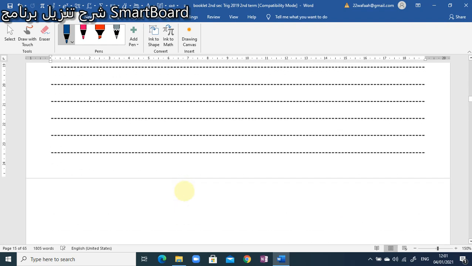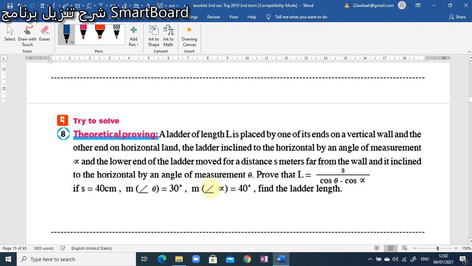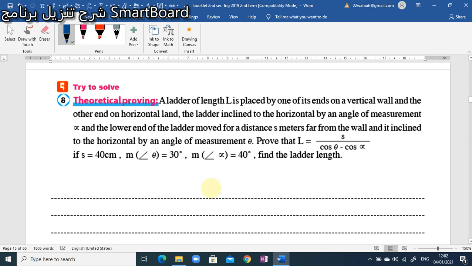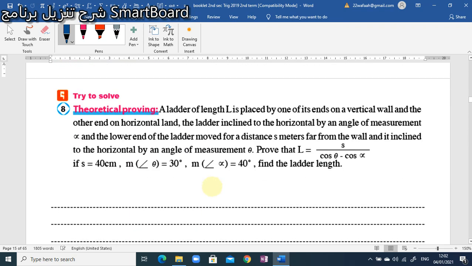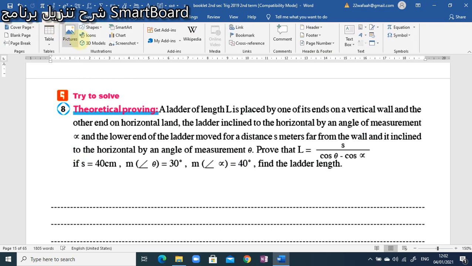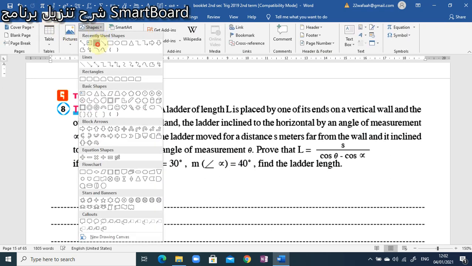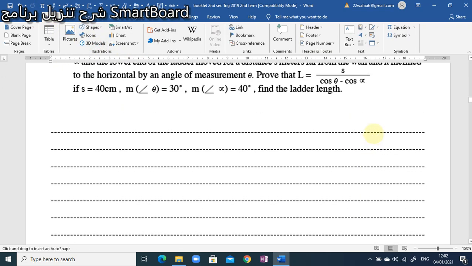Another one. A ladder of length L is placed by one of its ends on a vertical wall and the other end on a horizontal land. The ladder inclined to the horizontal by an angle of measure alpha. So you have a ladder on a wall and a land.